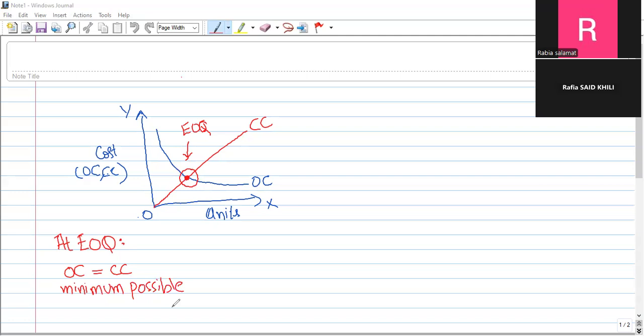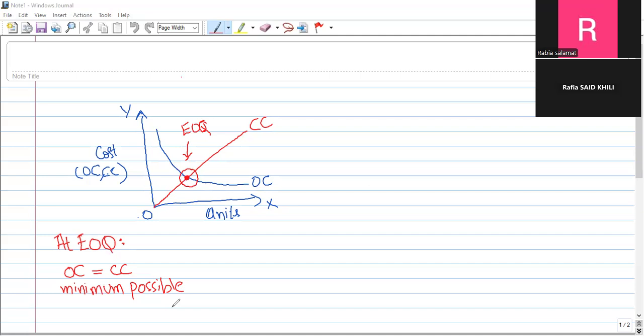We use the formulas for this model. Basically, the purpose is to understand what EOQ is. I am going to revise the lecture from the start and then we discuss the formulas. We said EOQ is the quantity that we must purchase at one time in order to reduce our annual inventory cost.